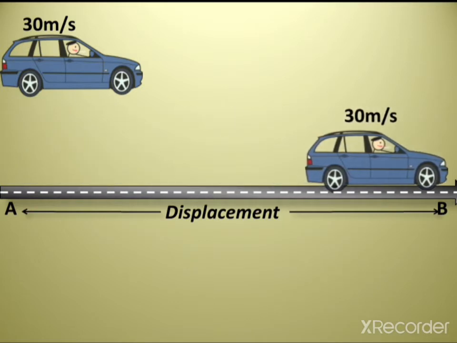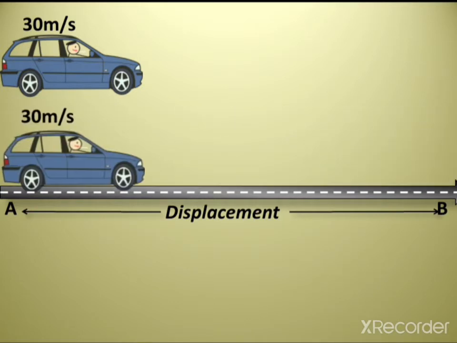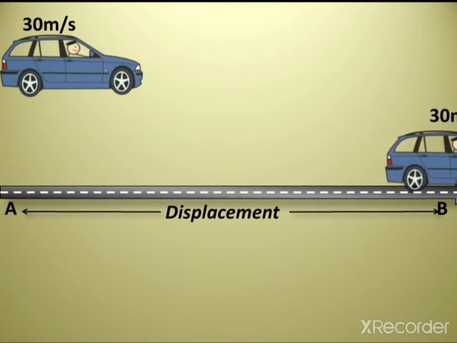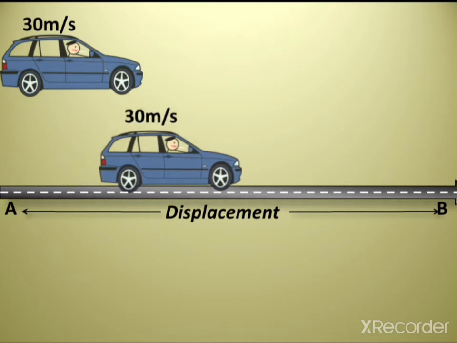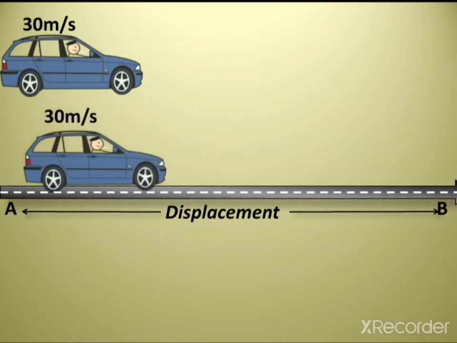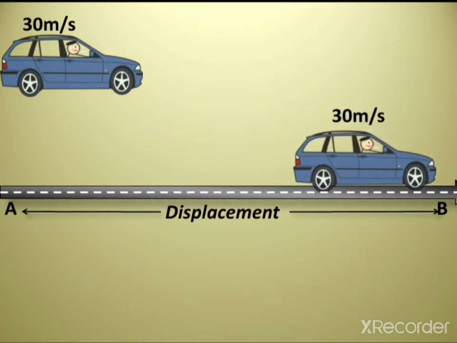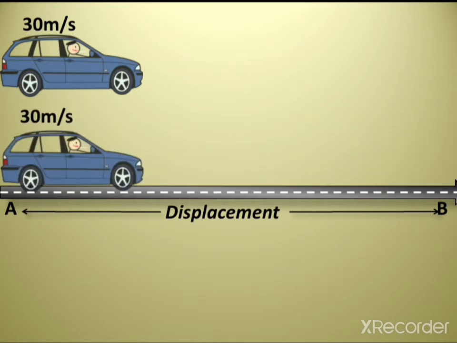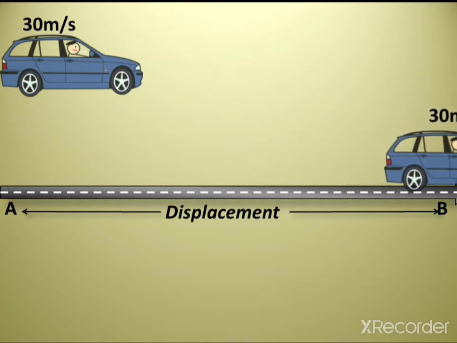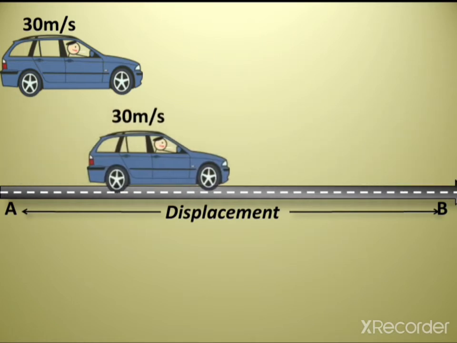So this is the displacement, and it gives the direction from the starting point to the ending point. So displacement is associated with the magnitude along with the direction of movement.